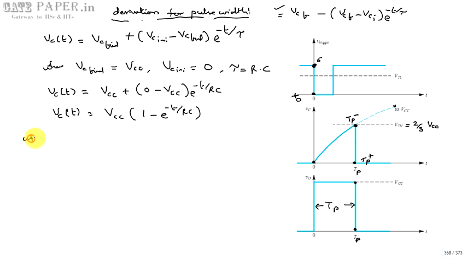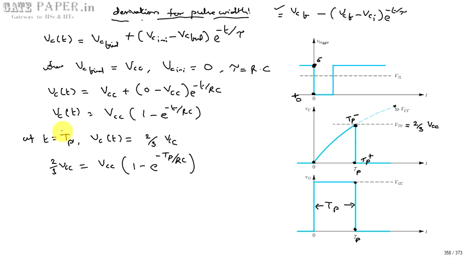And we know that at t equal to Tp, at the end of the pulse width, the capacitor voltage is going to reach 2 by 3 Vcc. So substitute these values in this general expression. 2 by 3 Vcc equals Vcc times 1 minus e power minus Tp by RC. The small t is now replaced with the specific value Tp, and at t equal to Tp the capacitor voltage is 2 by 3 Vcc.